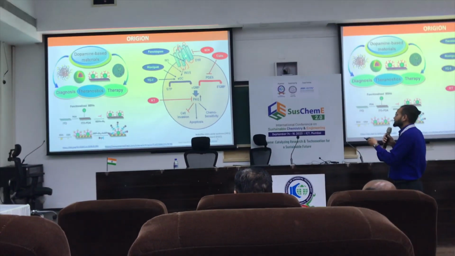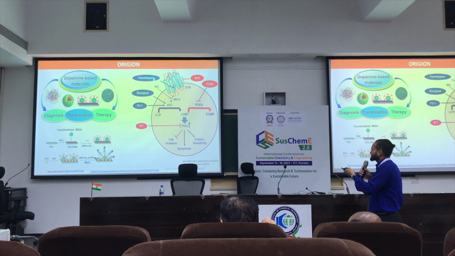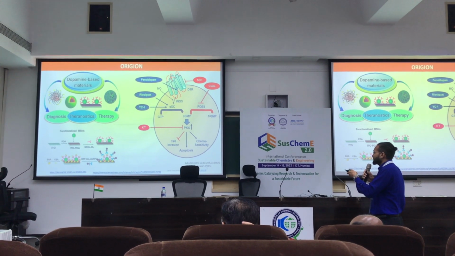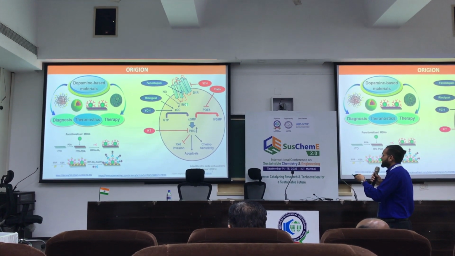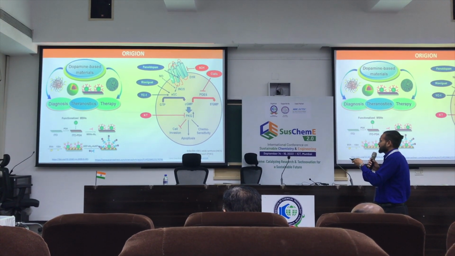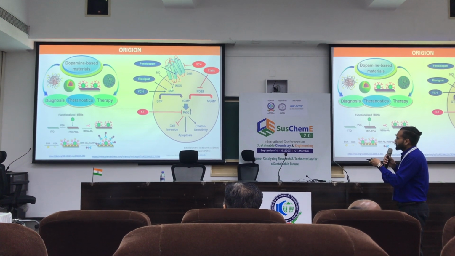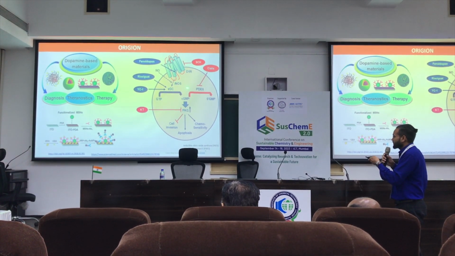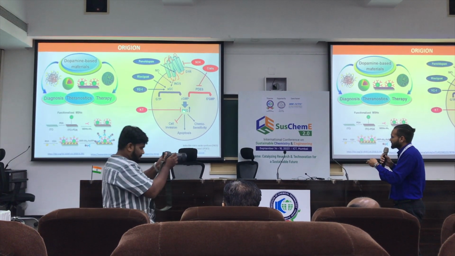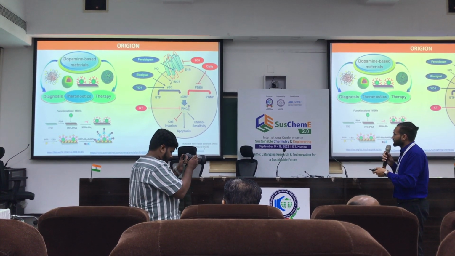This is the hypothesized mechanism they suggested: when dopamine binds to the receptor, it activates an enzyme that produces nitric oxide, which in turn activates guanylate cyclase, which converts GTP to cGMP, which activates protein kinase G, and this leads to apoptosis. So this is being hypothesized.